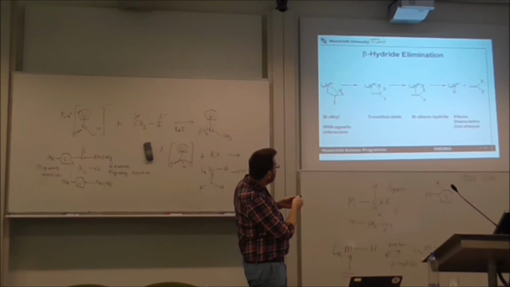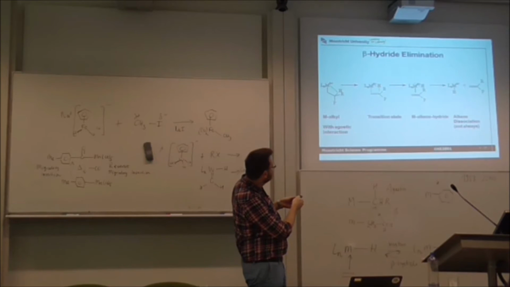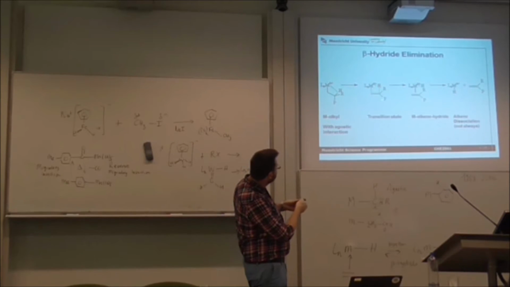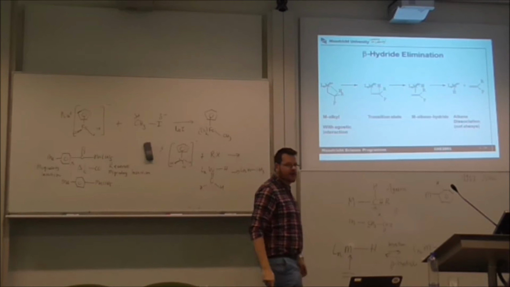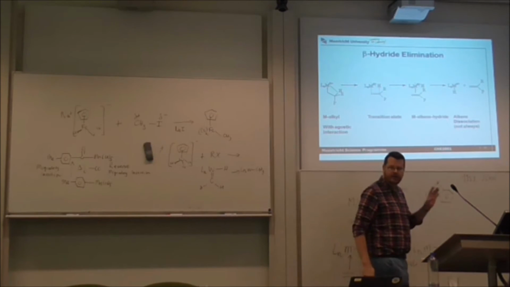And then what happens next is the metal completely plucks off this hydride from this carbon, so there's no carbon-hydrogen bond anymore, and electrons are going from the metal to this carbon-carbon bond here, and we end up with a hydride alkene. Beautiful.